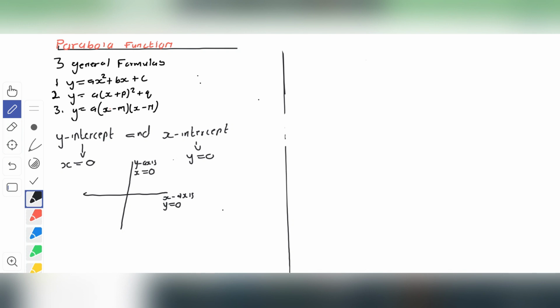That's why whenever we calculate the x-intercept, we let y equal 0. Again, the y-intercept is the point where the line crosses what? The y-axis, right? And where our point crosses the y-axis, x is always equal to 0. That's why whenever we calculate the y-intercept, we let x equal 0, right?